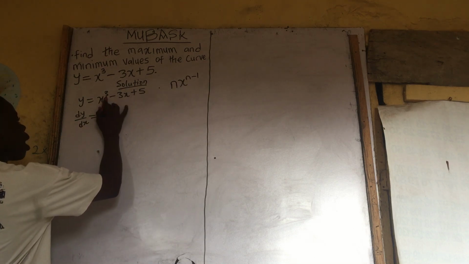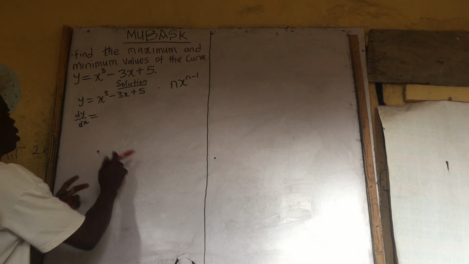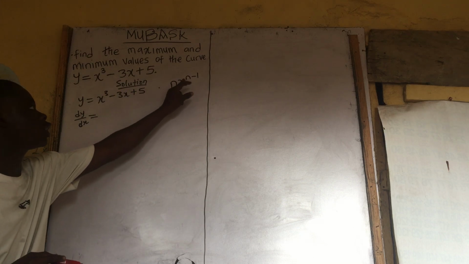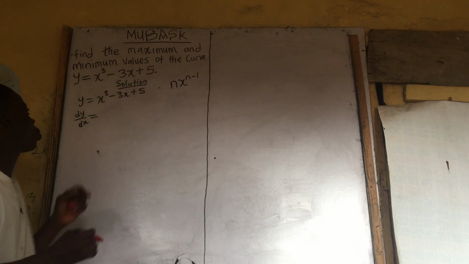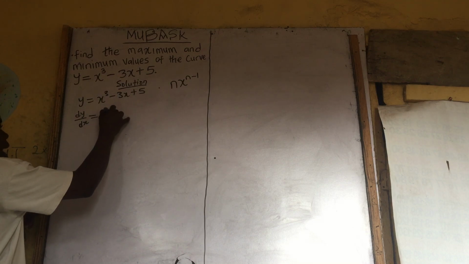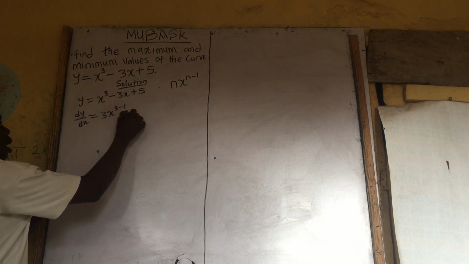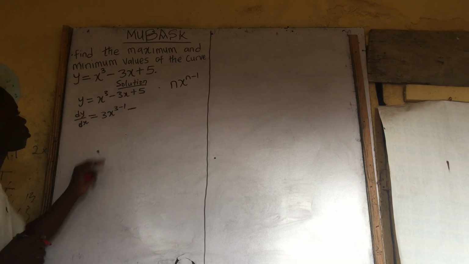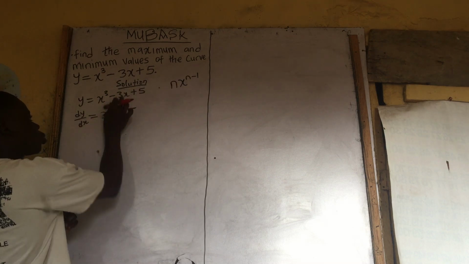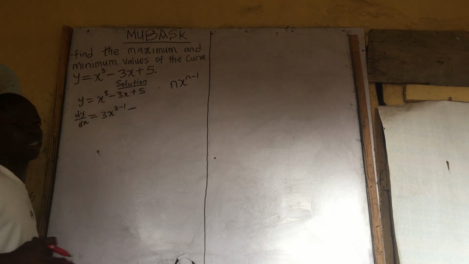Our power is 3, so it comes down to the front, 3x, and the new power is 3 minus 1. Then we solve the minus 3x only.